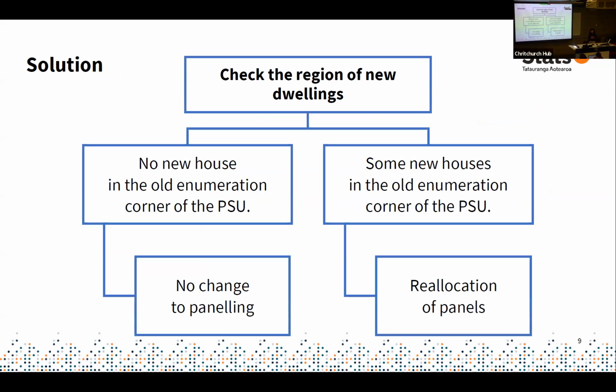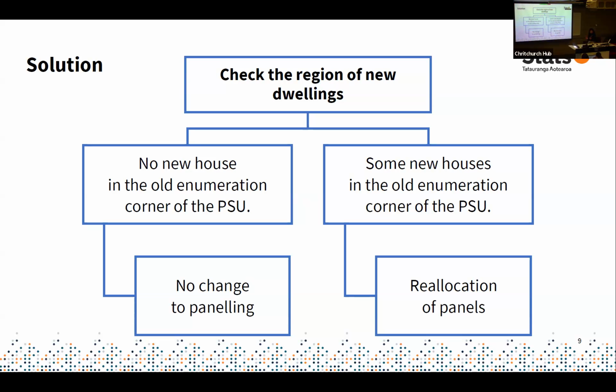As we looked at, all the old enumeration was in one corner of the PSU. We looked at the cases, and all the cases had either of these situations: the new houses constructed are all outside of that region, or there is some new development in that old region as well. In the case when we have no new houses in the old enumeration corner, we did not change anything.